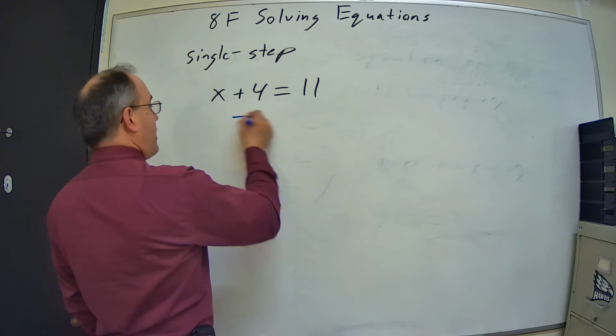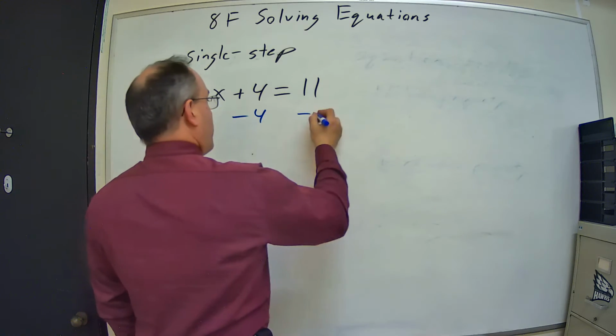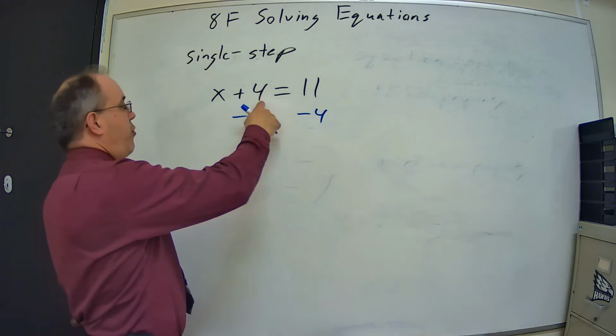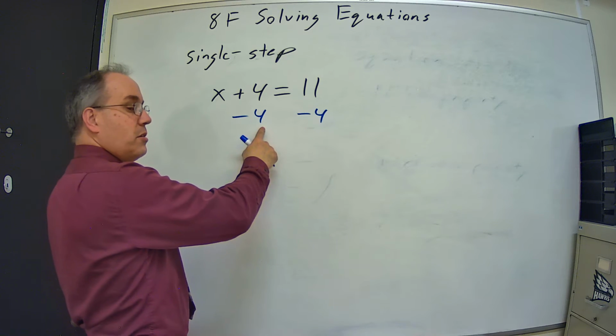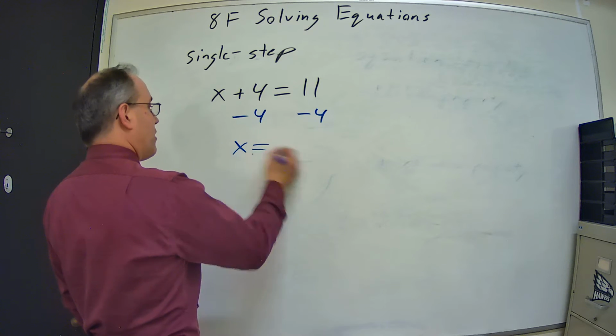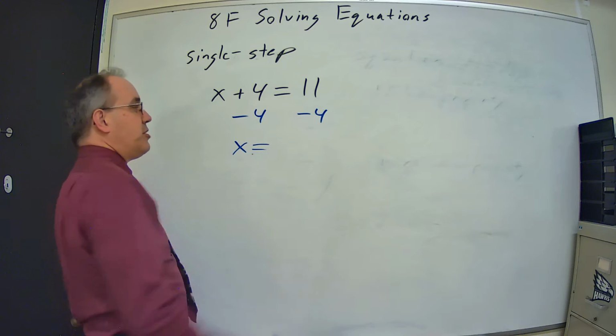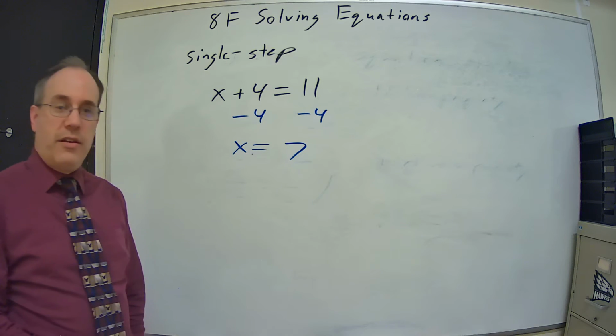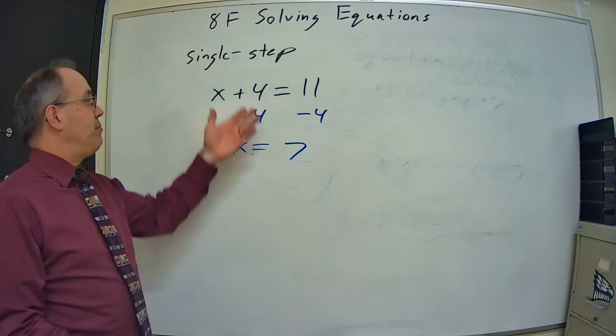If I subtract 4 from both sides, x plus 4 minus 4, plus 4 minus 4 is 0, so we have x, and 11 minus 4 is 7. X is equal to 7.